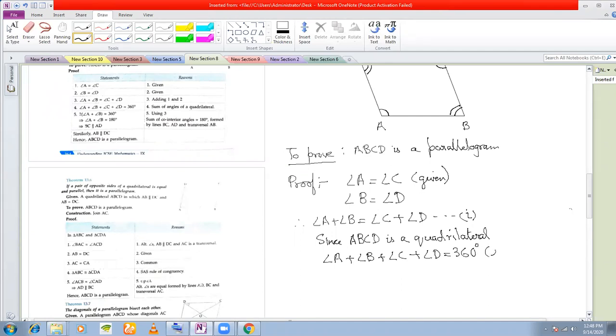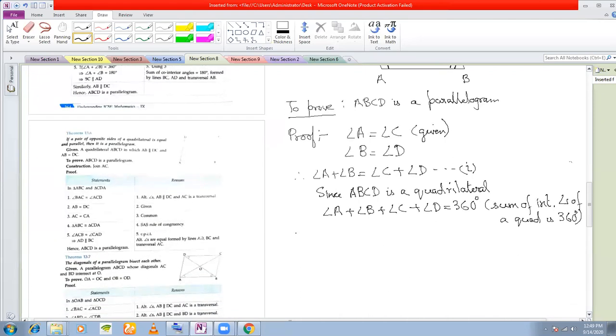Why? Because the sum of interior angles of a quadrilateral is 360 degrees, right? So now what happens? You group these together: angle A plus angle B together, and angle C plus angle D together.